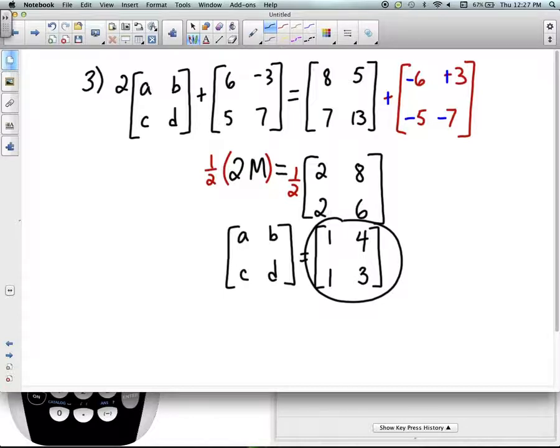Now my question for you is this. How do we solve the following equation?